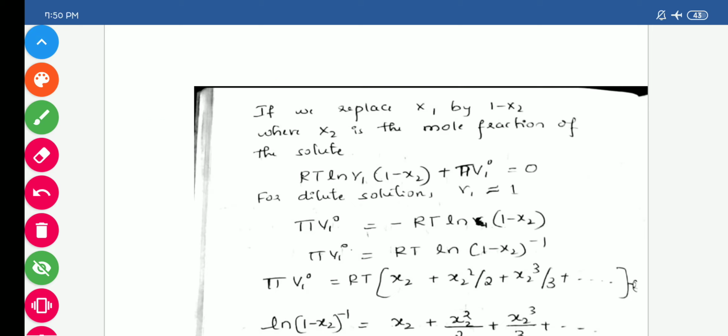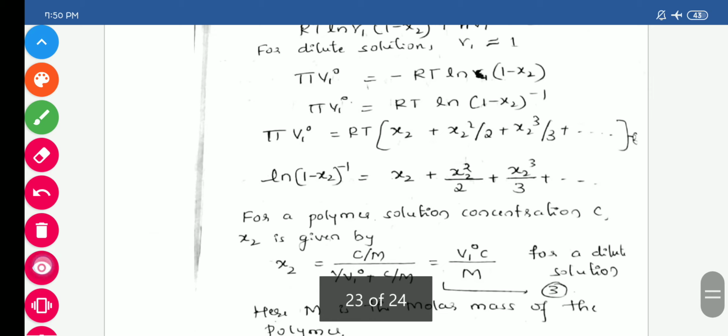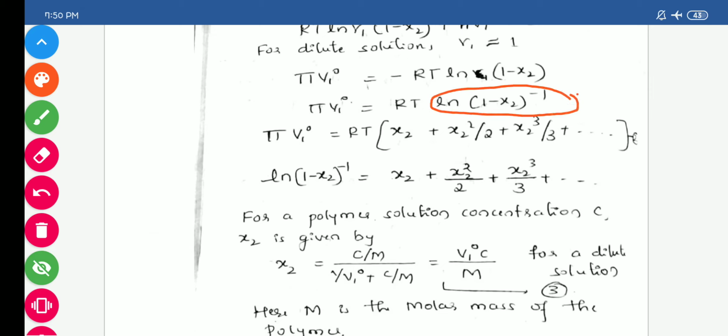Like this, I have 1 minus x2 to the power minus 1. This is the expansion; let me move this side. I replaced ln 1 minus x2 raised to the power minus 1 with this expansion.